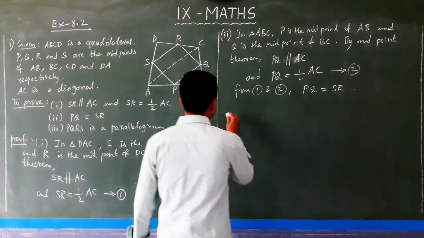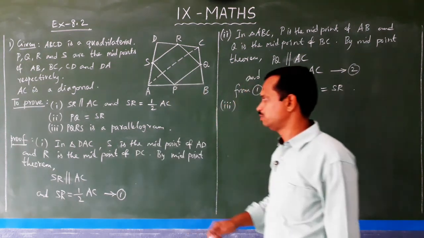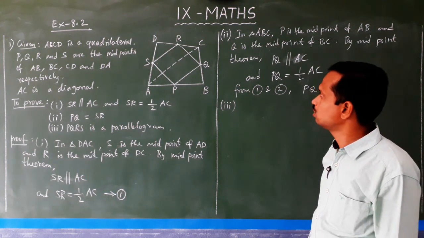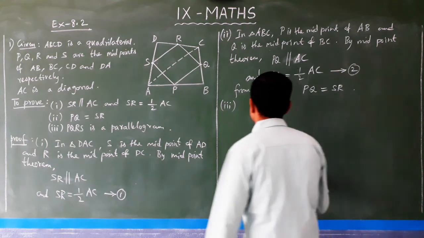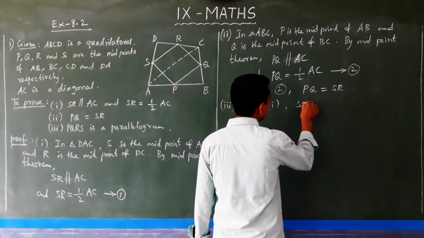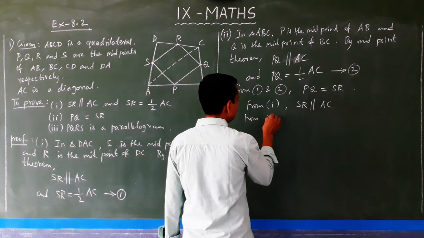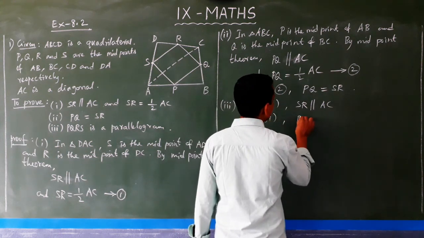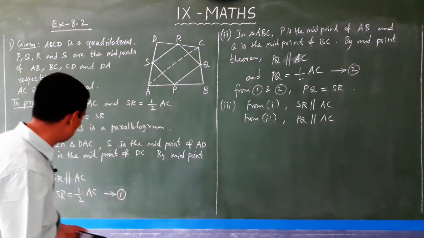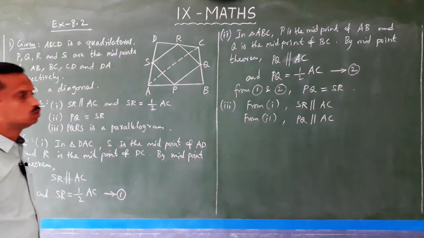And now coming to the third option. We have to say PQRS is a parallelogram. In option 1, we have proved that SR is parallel to AC. From option 2, we proved PQ is parallel to AC.